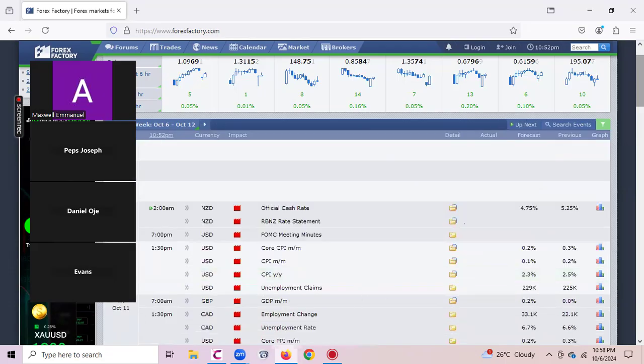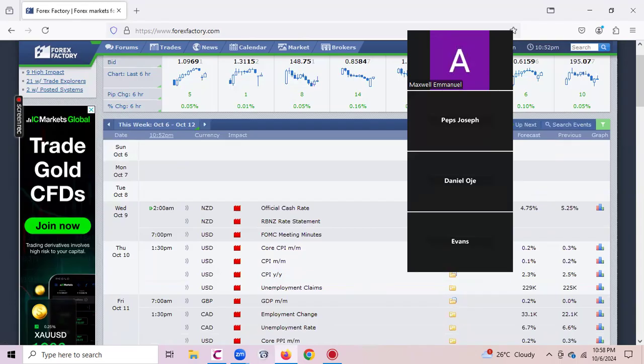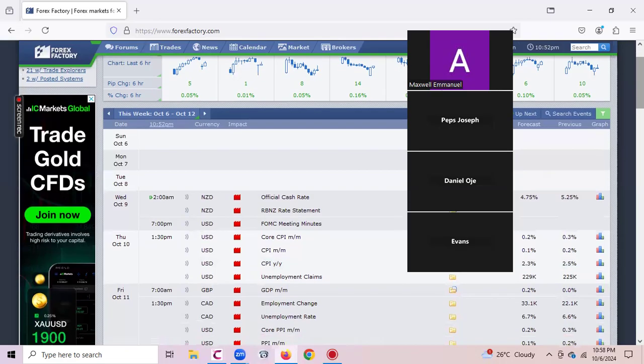Okay, so as you can see, there are a lot of major news. From Wednesday, you can see that New Zealand dollar, 2 a.m. Nigerian time, New Zealand dollar official cash rate and rate statement, and also FOMC meeting. FOMC meeting will be by 7 p.m. Nigerian time.